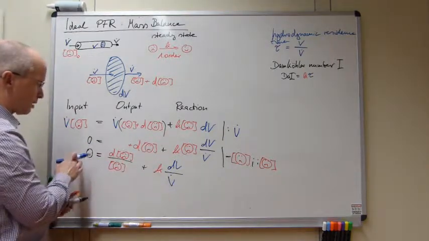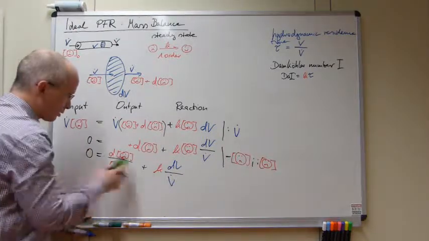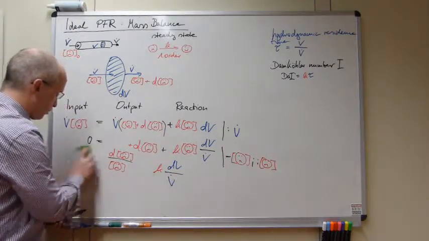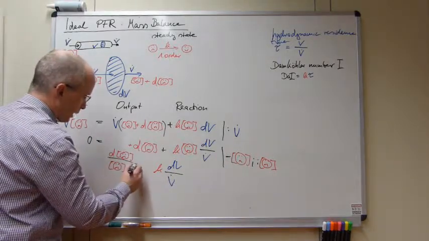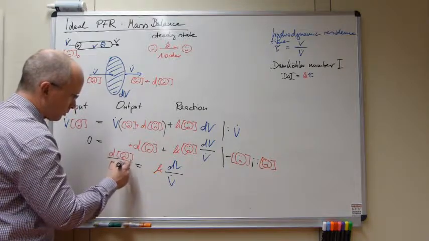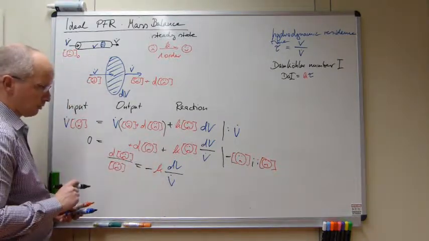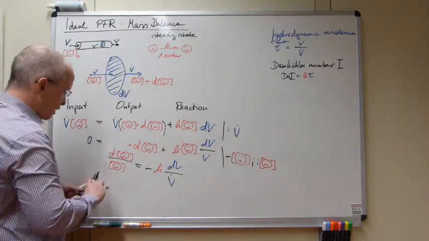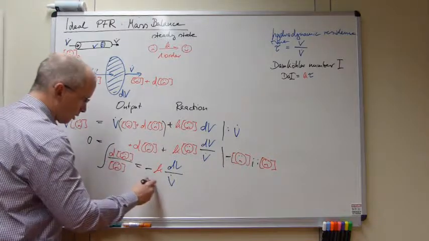I can now rearrange. I will put this on the other side, flip everything around, which leaves me with something a little bit more pleasant. So we will have on the left side all the concentration related things, K is a constant, and we will have negative things. About the integration, so we will need to integrate this.